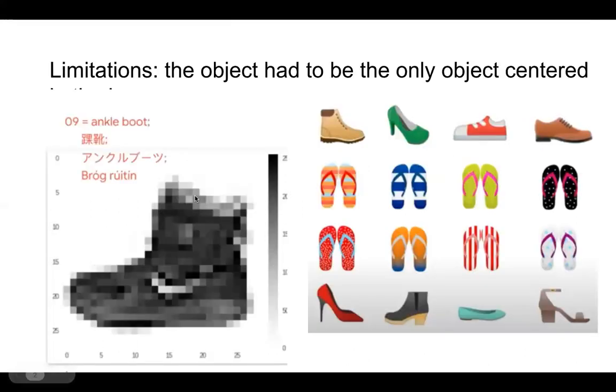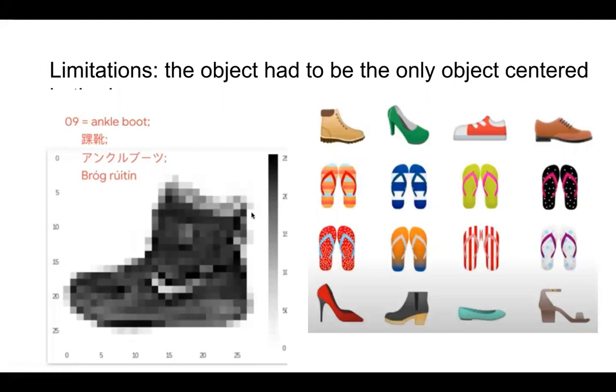And so last time we trained our model to recognize shoes in the built-in dataset. We had the shoes depicted or represented as pixel integers, and we labeled the shoes already.